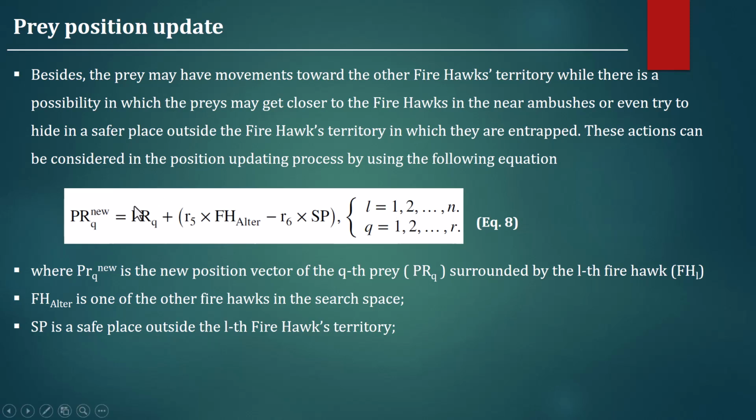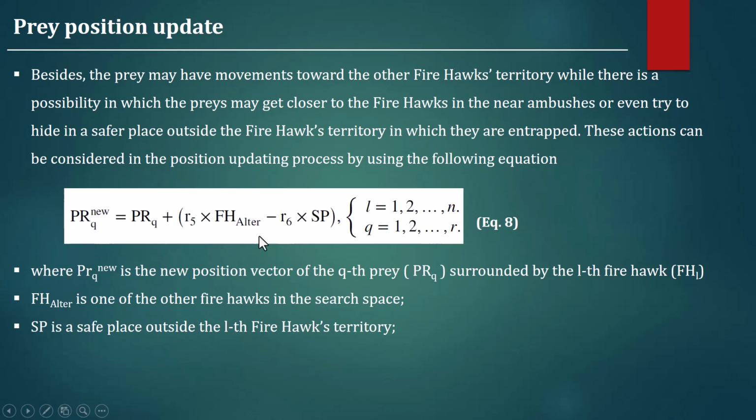Prey might also move into the territory of another firehawk. That could happen, because when a prey moves to save itself from the current firehawk, it might enter the territory of an alternative or neighboring firehawk. The position in that case is given by this equation: the old position plus R5 and R6, which are random variables.